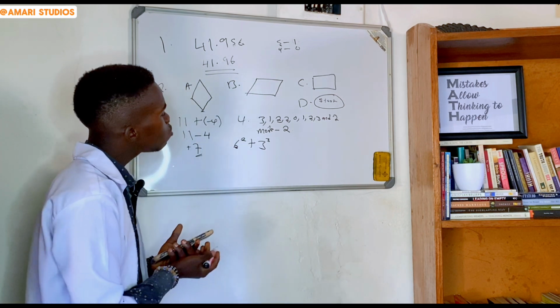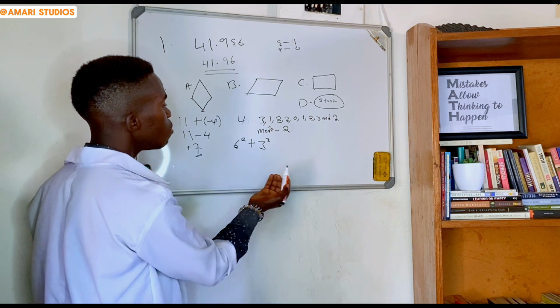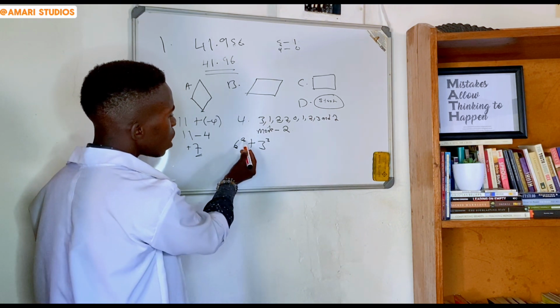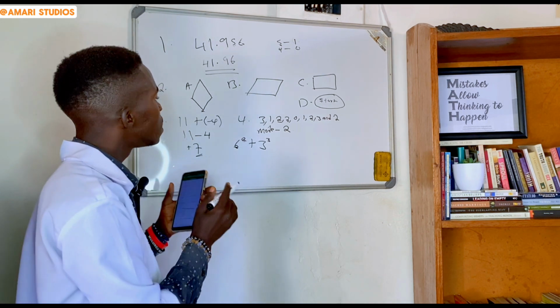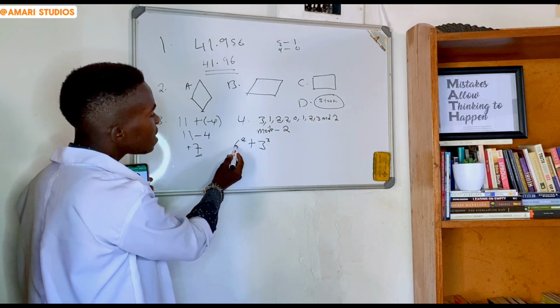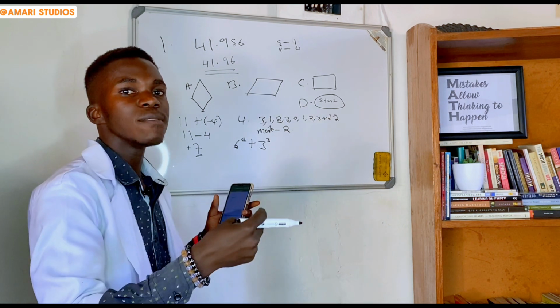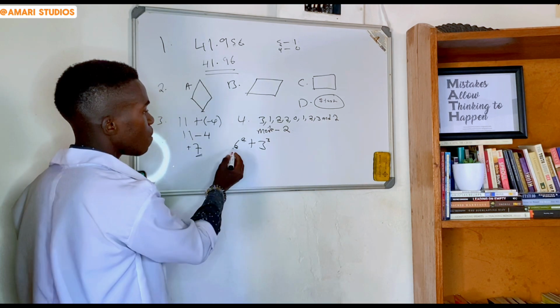To solve this question, we are going to evaluate the powers. This power 2 can be interpreted as 6 multiplying itself 2 times. That's what the power means.